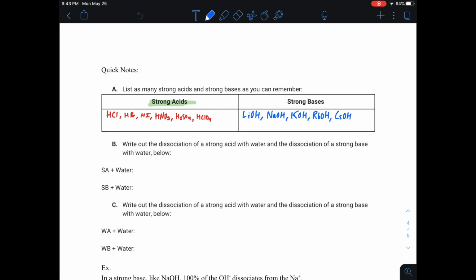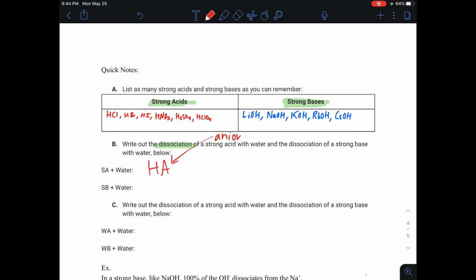So when a strong base or a strong acid is in water, the thing that makes it strong is the fact that it totally dissociates. We're going to write out the dissociation of a strong acid in water. Let's write out an acid, and for an acid, I'm just going to write HA, and that A just stands for anion.